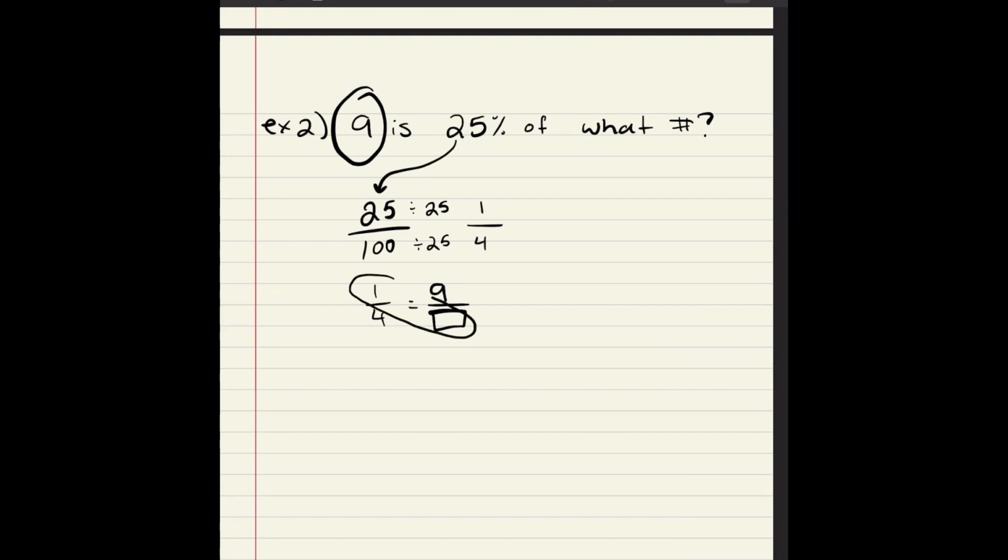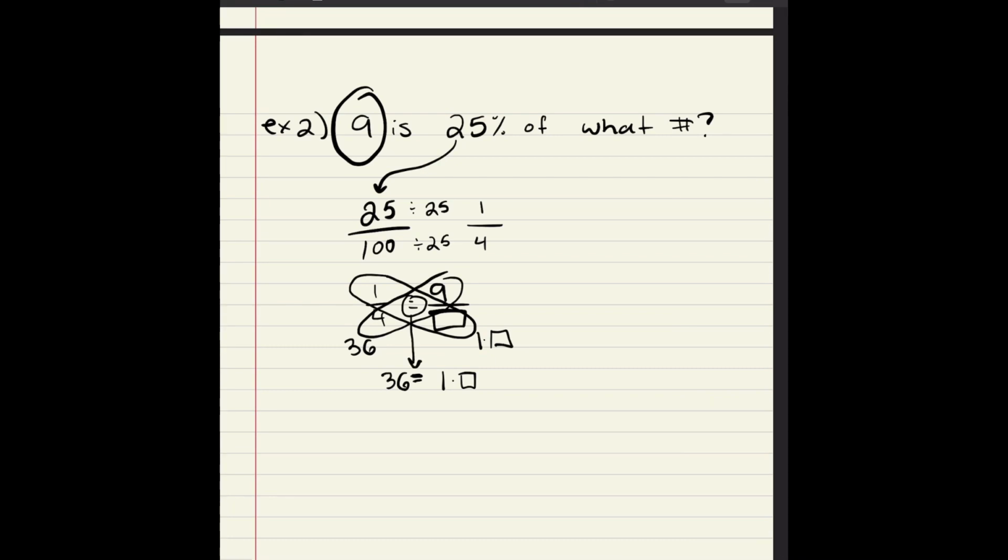And I can cross multiply, which gives me 1 unknown. And cross multiply here. 4 times 9 is 36. So 36 equals 1 times unknown. And the reason I have my equal sign here is because it's right here.